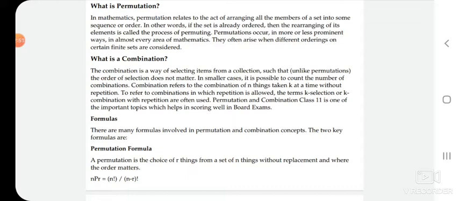Permutation occurs in more or less prominent ways in almost every area of mathematics. They often arise when different orderings on a certain finite set are considered.